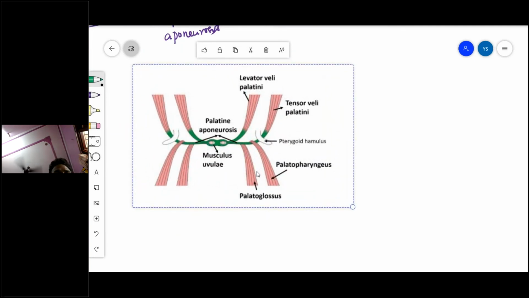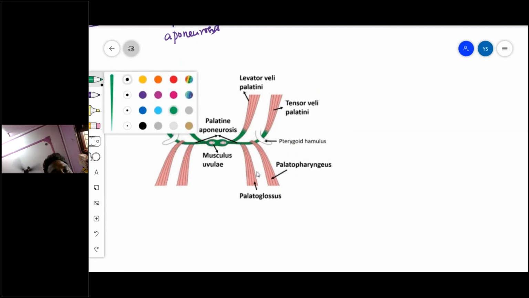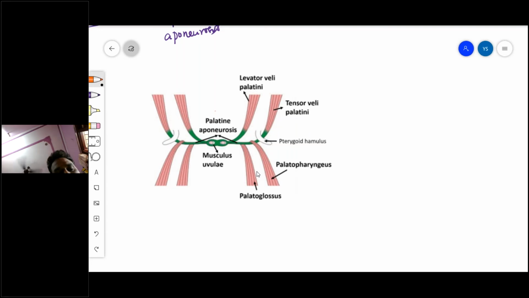Can you see this picture? Yes. If you see this picture, see here, palatine aponeurosis. I told you, whatever you see in the middle, there I am showing, that one is called palatine aponeurosis, and that forms the main fibrous skeleton of the soft palate.